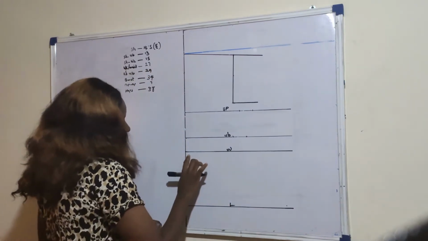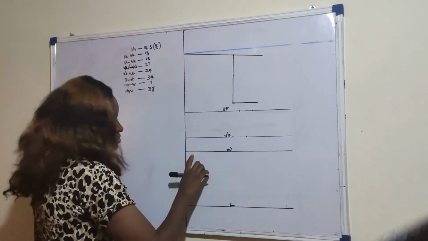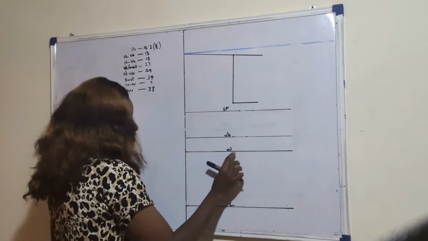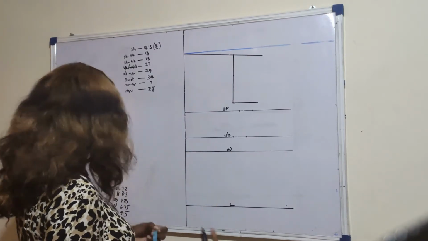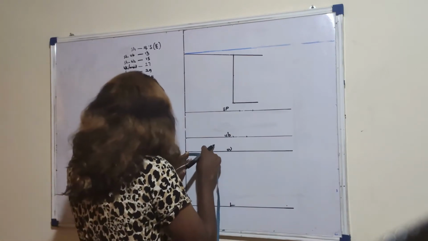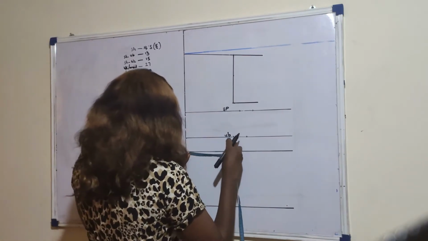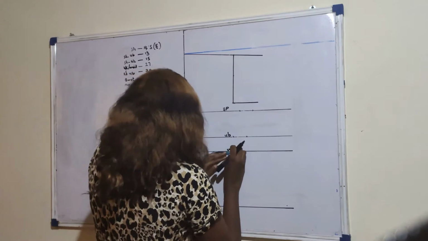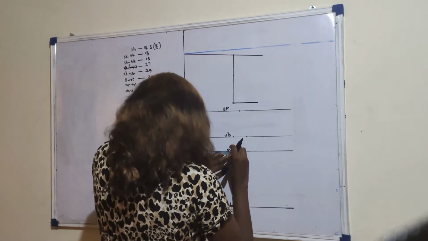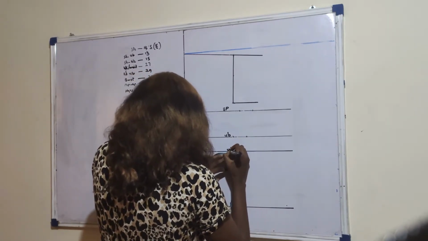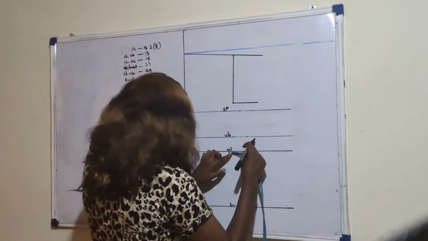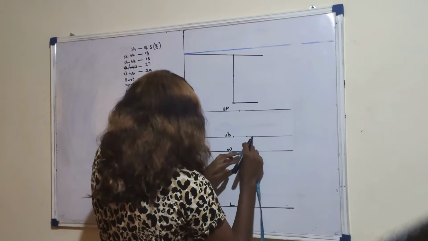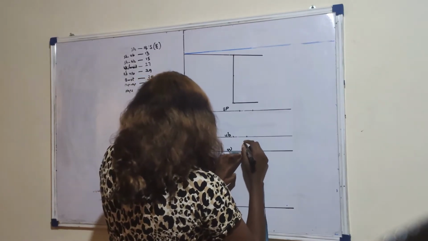Same thing with the waist, which is the half length. Her waist measurement is 27 divided by 4. Don't forget to add your 2-inch allowance.